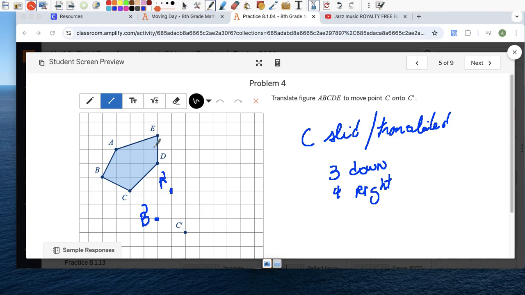Point E, 1, 2, 3, 1, 2, 3, 4. E prime. D, 1, 2, 3, 1, 2, 3, 4. That's called D prime. Now all you gotta do is connect the dots. There you go. Everybody traveled 3 down, 4 right. By translation, everybody moved the same amount of spaces in the same direction.